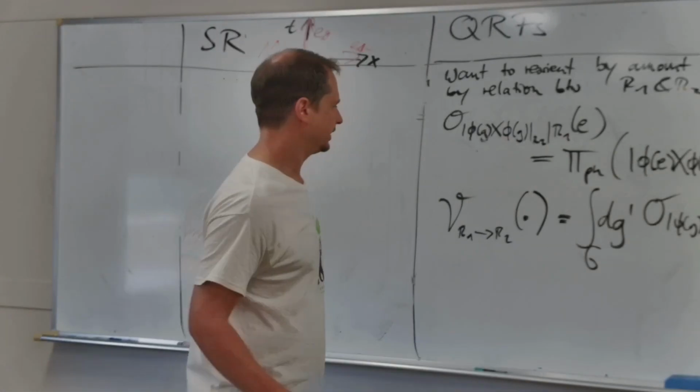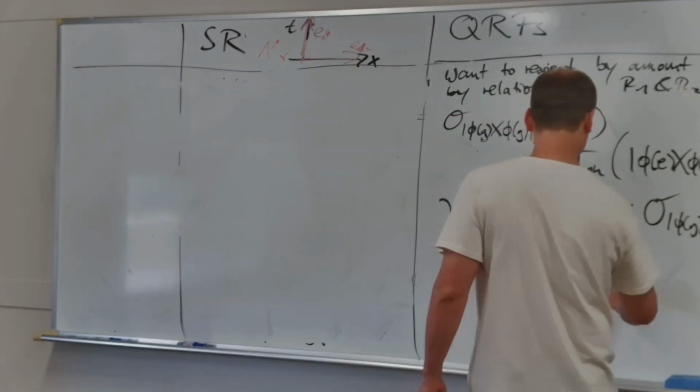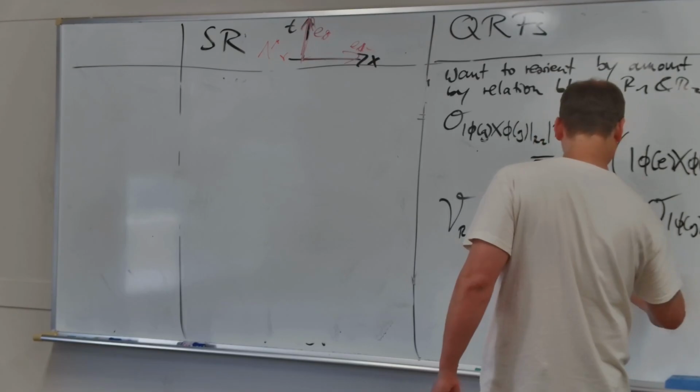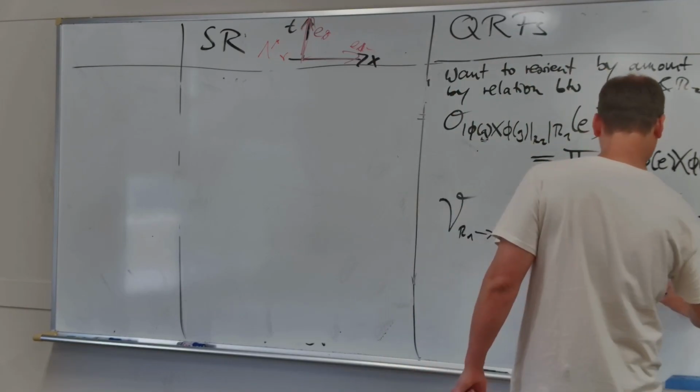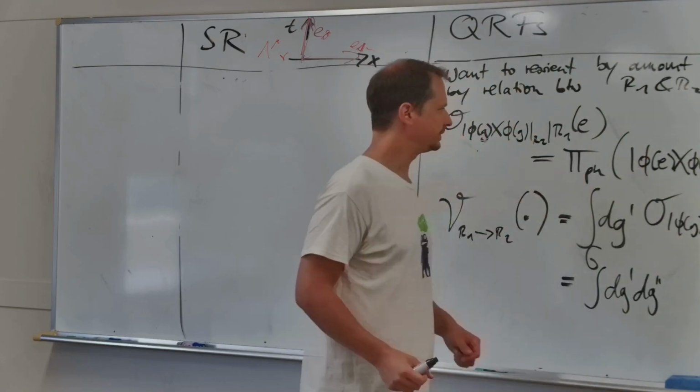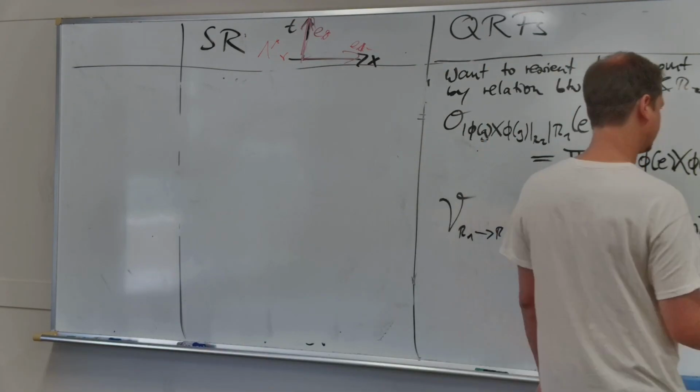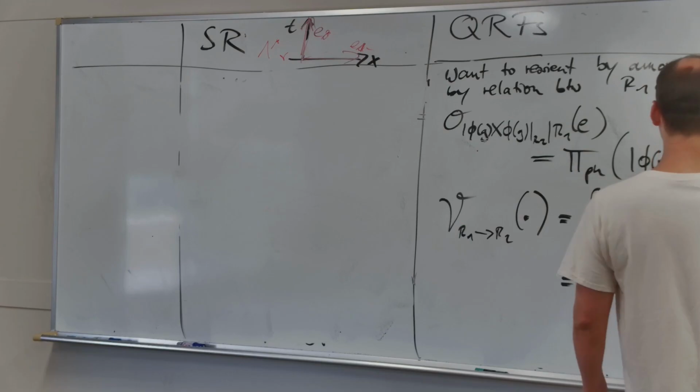And so you can spell this out. Here I'll have another QGG double prime that comes from this pi pn, and then this up here.